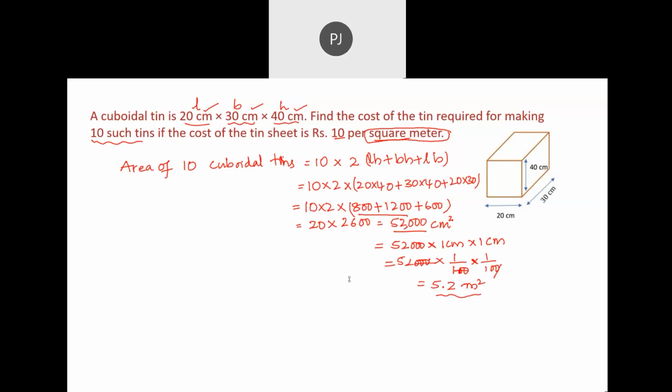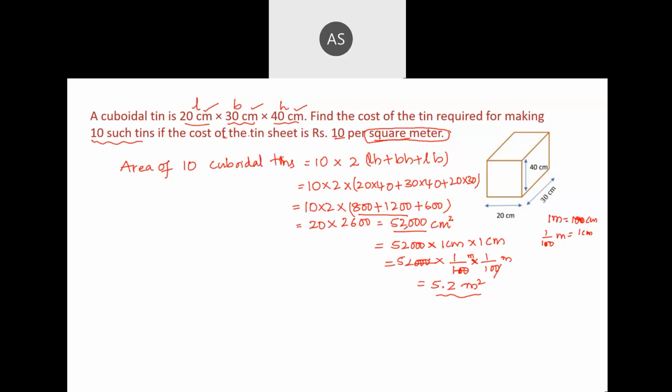Wait, Shobhan has a doubt. What is the doubt? Sir, why should we multiply with 1 by 100? Shobhan, one meter is 100 centimeter, isn't it? So 1 centimeter will be 1 by 100 meter, no? I am converting this centimeter to meter. Why do I have to convert?